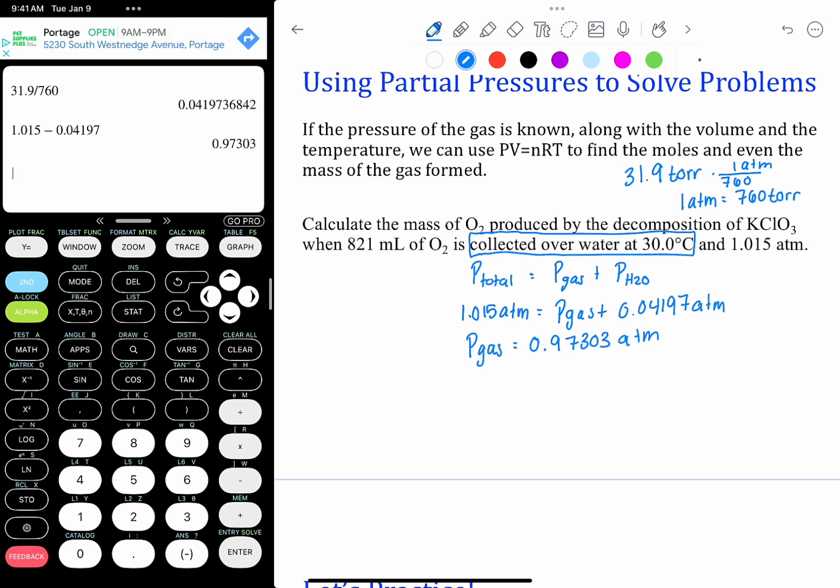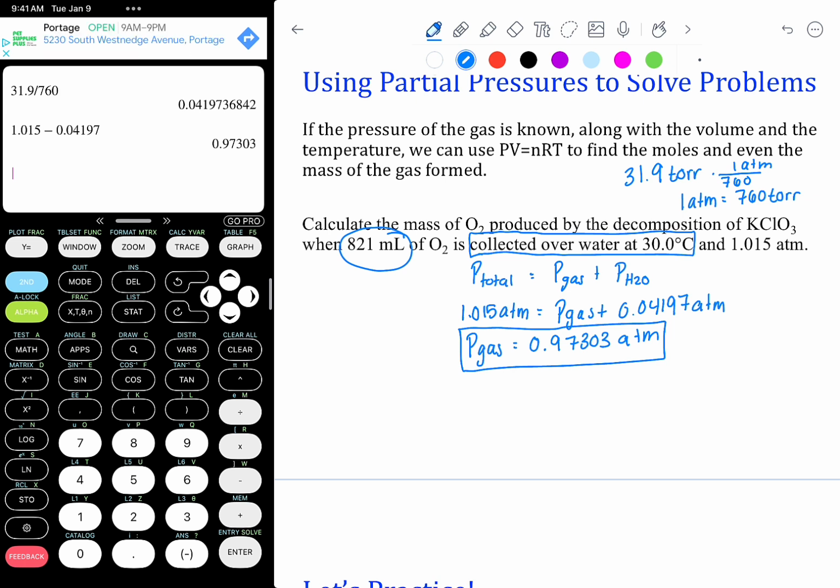There we go. So now we have our pressure of the individual gas, we have our volume, and we have our temperature. So we can now solve for n. We're going to just quickly convert milliliters to liters, 0.821 liters, so that we can use R appropriately.